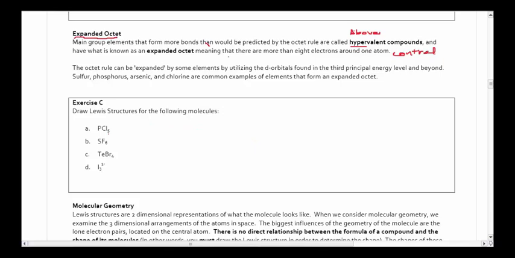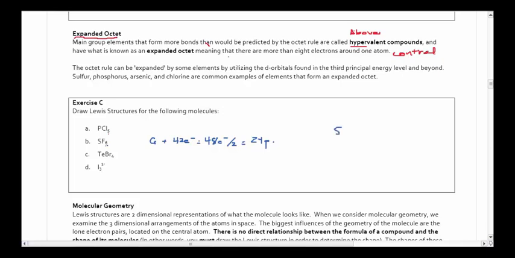All right, SF6. Already, boom, he's expanded. Sulfur brings 6, and you have 6 fluorines that each bring 7, so that's 42 electrons. 6 plus 42 is 48 electrons. Divide that by 2 equals 24 pair. So just start putting them on there.